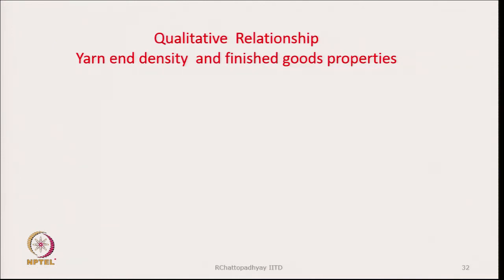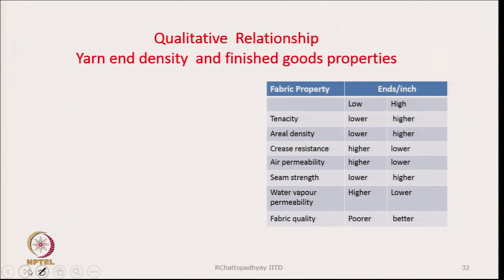Now, let us say qualitative relationship, that is yarn end density and finished good properties. If I try to represent it in a qualitative way, another example is shown here: certain fabric properties like tenacity, areal density, crease resistance, and how they are related to ends per inch.